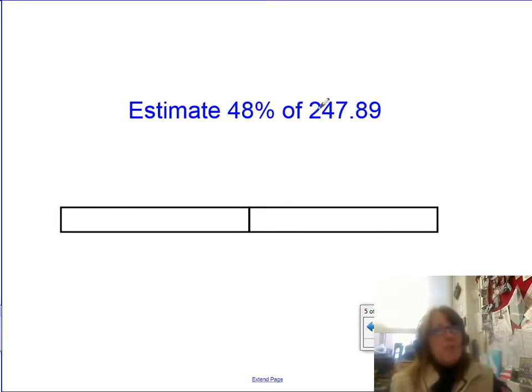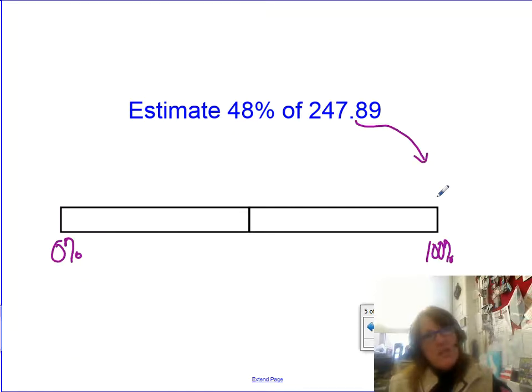Estimate 48% of 247 and 89 hundredths. Ugh, gross. But here's 0%. No. Here's 100%. 247.89 would be right here. That's your total amount, your 100%. But this is, quite honestly, a pretty complicated number to deal with. So it's pretty close to 250, okay?